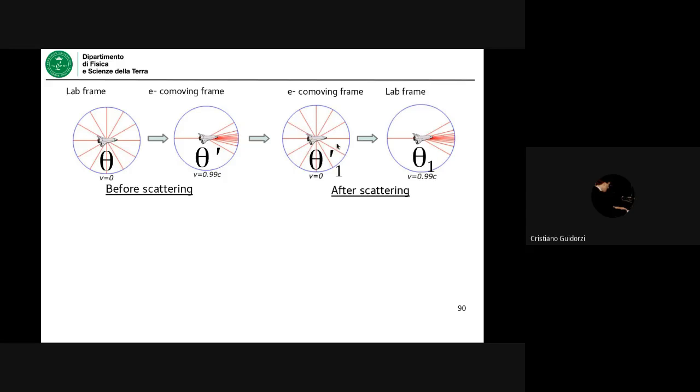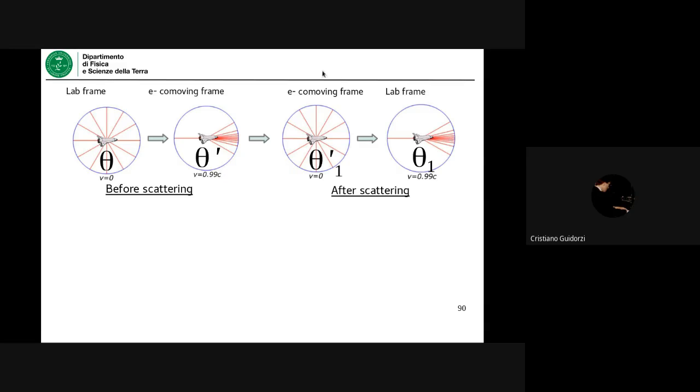So this almost isotropic distribution, when you get back to the lab frame, because again of relativistic beaming, these photons, I remind you, are just traveling away from the electron. They have just been scattered. So these photons will be traveling away in the lab frame within the 1 over gamma cone.